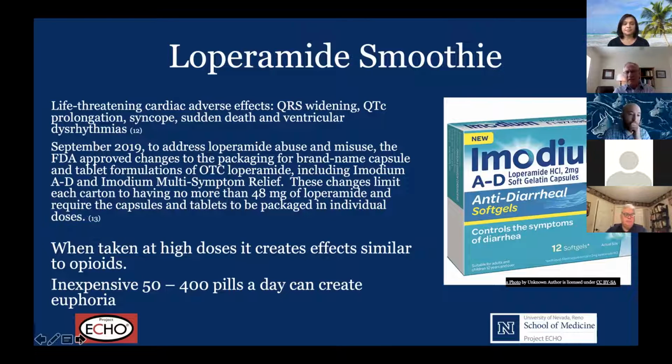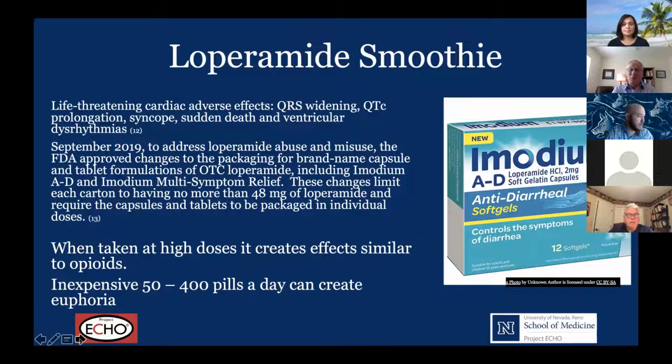And so the answer there was, what we'll do then is we recognize that with Imodium, you can have abuse and misuse. And so we'll change the packaging. And now they only have a limit of 48 milligrams per box. But some of these people will buy 2 boxes or a dozen.